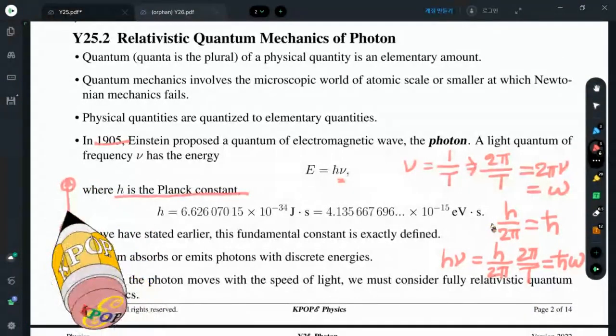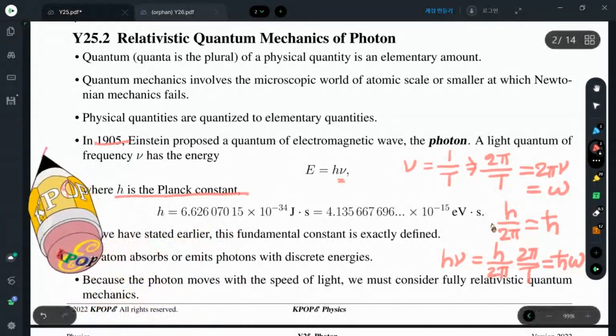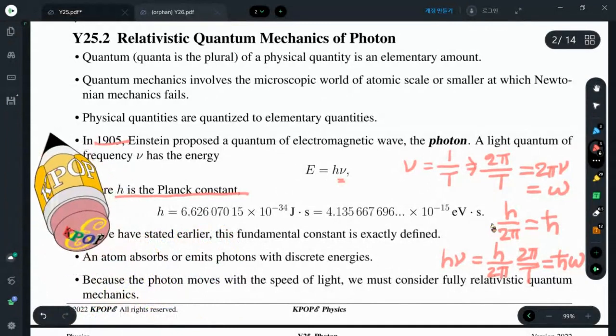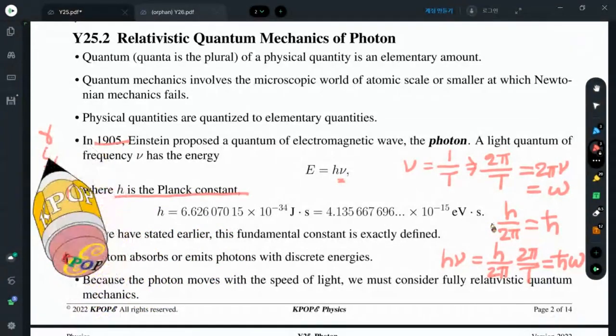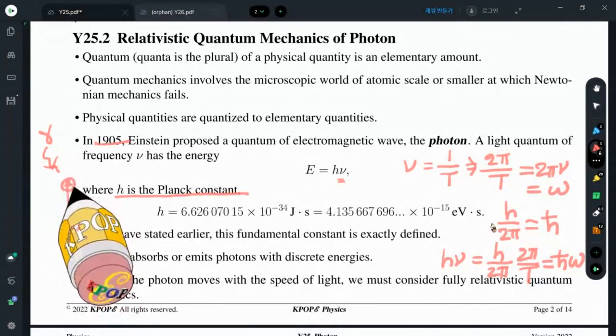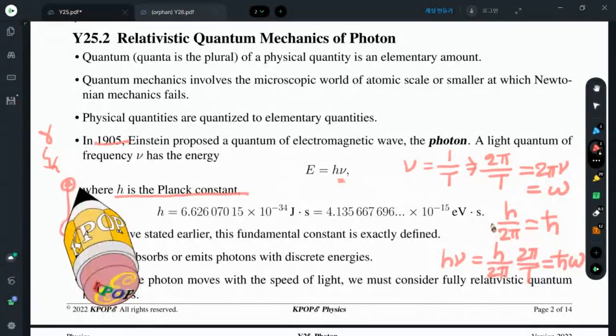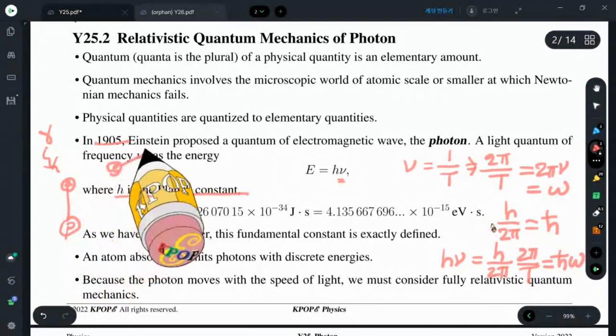And if you hit this electron using, for example, a photon, if this photon has an energy large enough, then the hit electron is emitted.